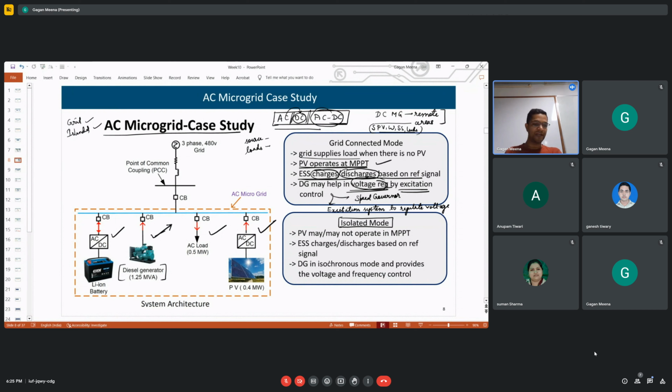But if it is already charged, then no need. Then we can use it for voltage and frequency. Then energy storage can charge and discharge based on reference signal, and diesel generator in isochronous mode and provide the voltage and frequency control.